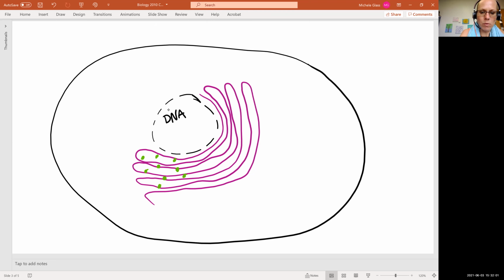So we can describe ribosomes as being attached when they're embedded in part of the rough ER. But some of our ribosomes will actually be free in the cytoplasm or cytosol. So we'll have ribosomes that are attached and ribosomes that are free.